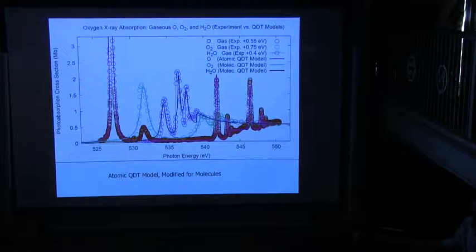Aside from that, the exact same parameterization essentially goes through the O2 experiment. One more time, we can look at H2O, and there the threshold is lowered even more. The quantum defect is decreased even more. You can get a fit.